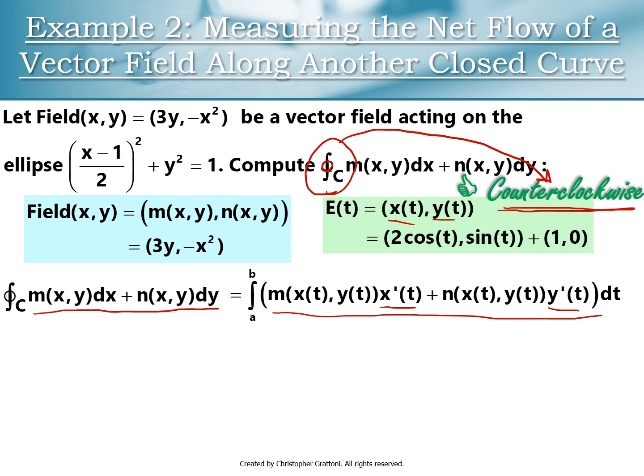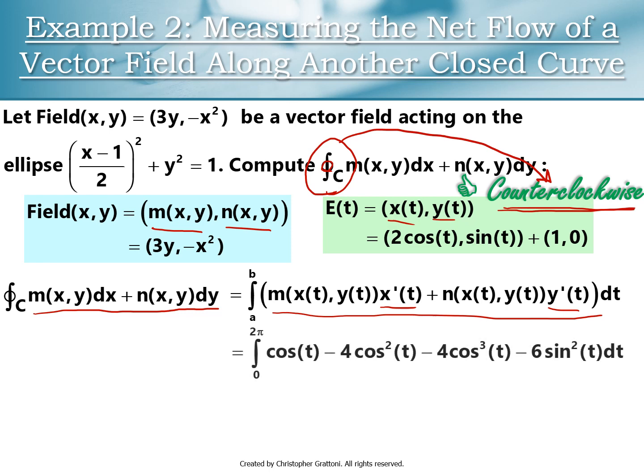I can easily compute my M of x of t, y of t, and my N of x of t, y of t just by plugging in my x of t, y of t into my vector field. And when you expand it all out, you get this single integral that is in terms of lots of powers of sine and cosine. You guys will have to get comfortable with integrating expressions like this.